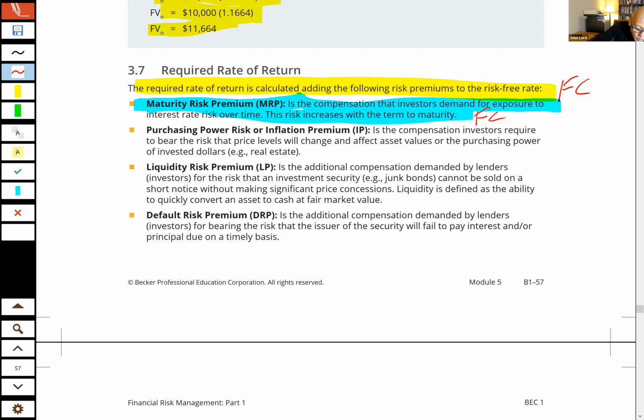Okay. Coming over and taking a look at purchasing power risk, or inflation premium, it is the compensation investors require to bear the risk that price levels will change and affect asset values or the purchasing power of invested dollars. And they give us the example of real estate. As prices of real estate go up, we would expect that there would be some purchasing power risk, although I think prices have kind of moved in the opposite direction over the last year or so.